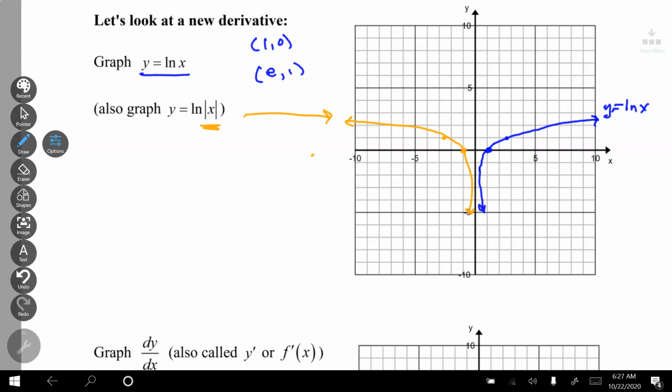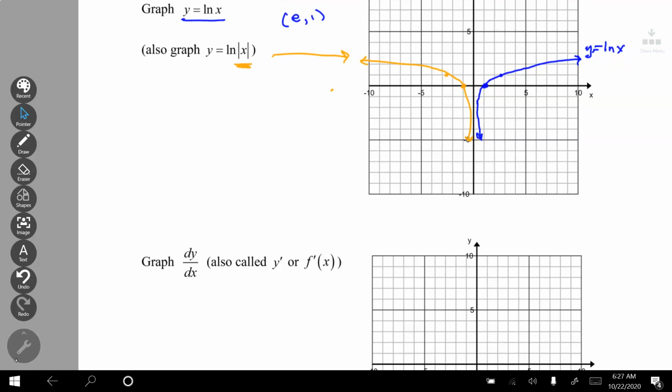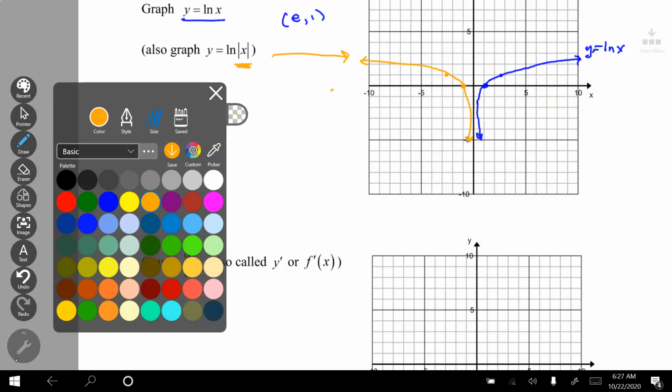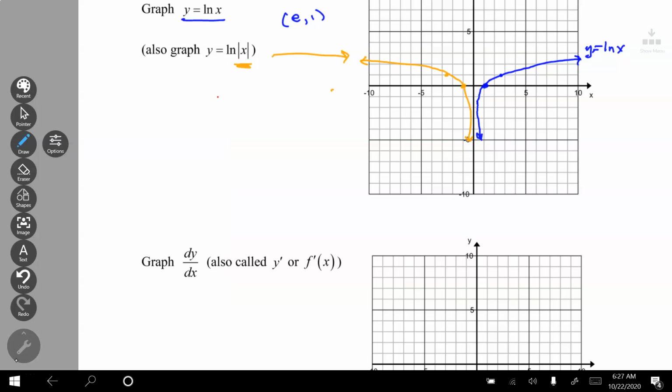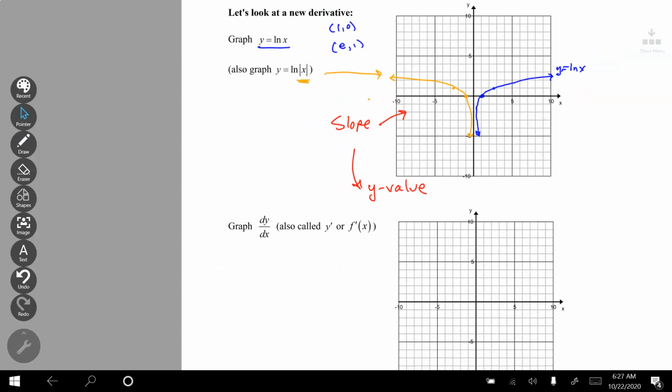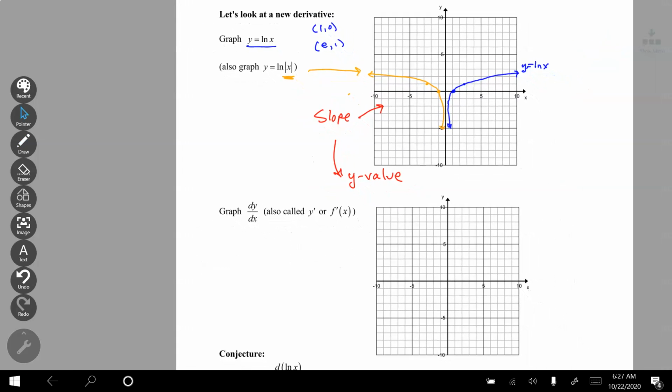So now I want to graph its derivative. And if you recall, when I do a derivative, the slope from these graphs are going to be the y value on this graph. I'm going to shrink it up a little bit.